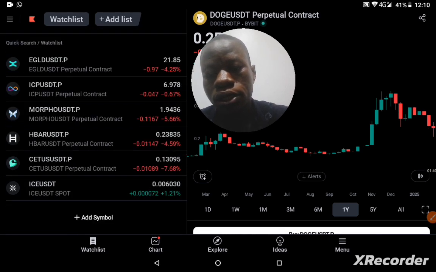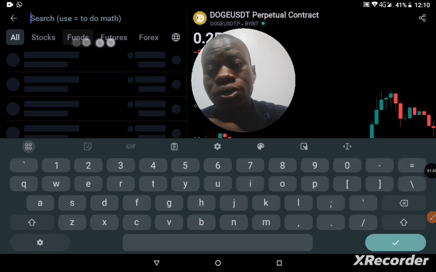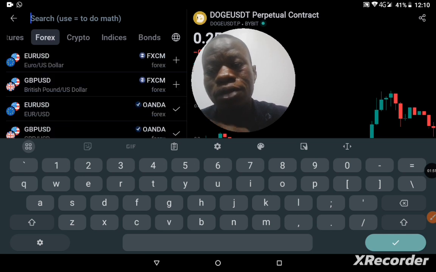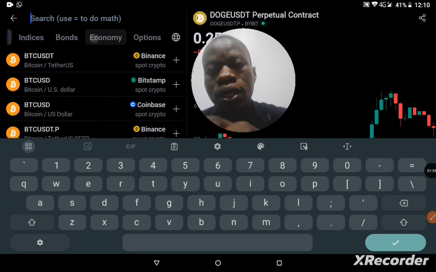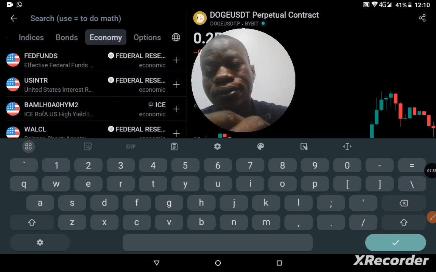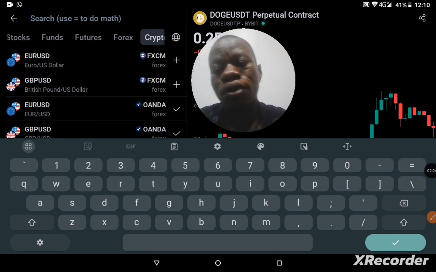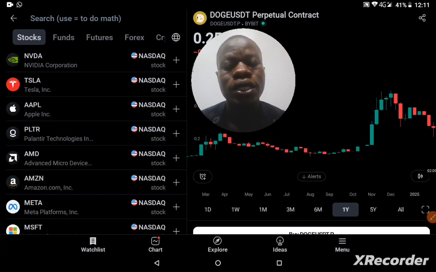If you click on add symbol, it will bring you to these different categories. Although we are very familiar with forex markets and crypto markets, not many of us are familiar with stock markets, but I'll briefly explain. The stock market is a place where you buy shares of multinational companies.